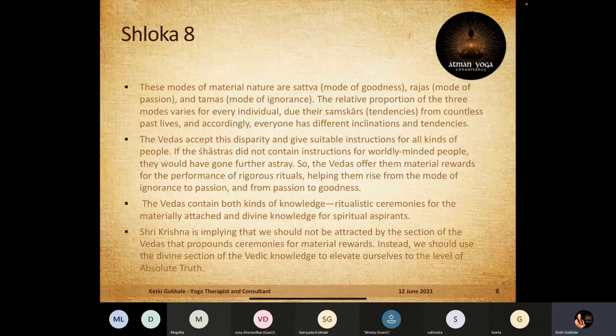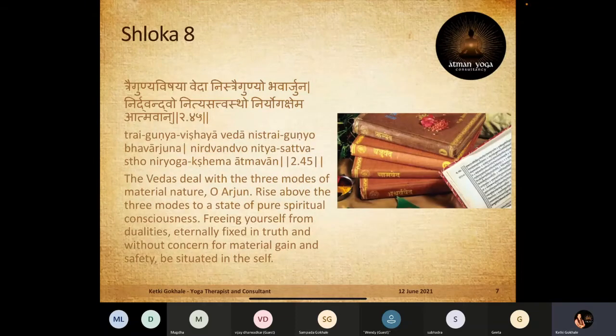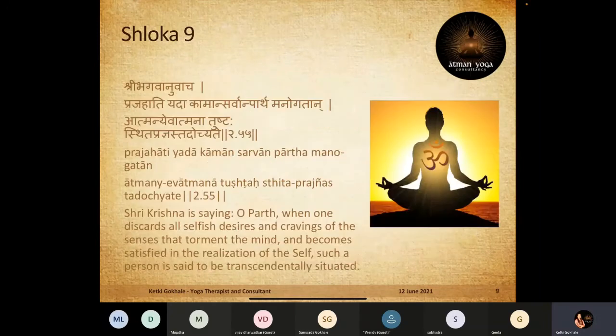Instead, yes, you can start your sadhana journey by doing different rituals and karma kandas, but don't stop there. Instead, we should use the divine section, Jnana Kanda of the Vedic knowledge, to elevate ourselves to the level of absolute truth. So this is the entire meaning of this shloka.